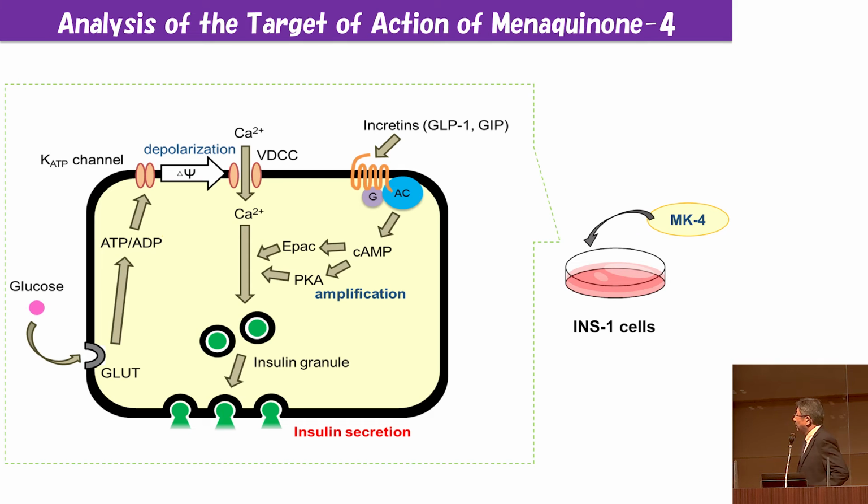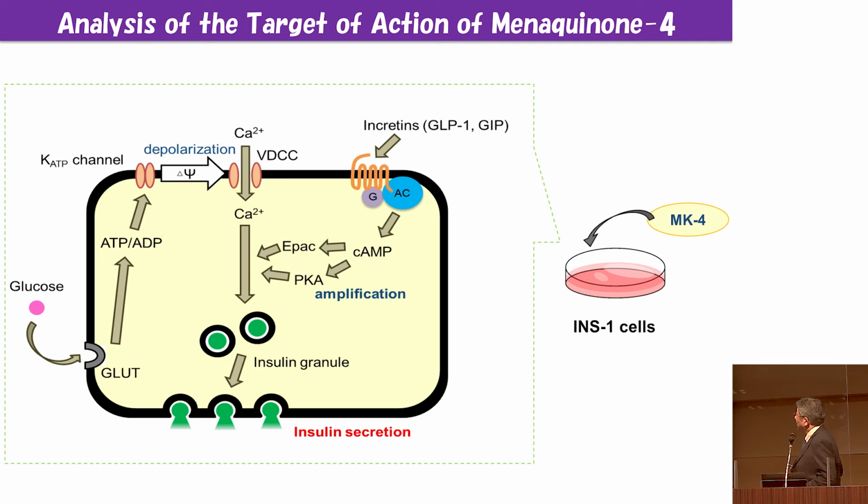Here, an outline of the pathways that insulin is secreted from pancreatic beta cells by glucose stimulation is summarized. Glucose treatment increases intracellular ATP levels, which causes depolarization of the membrane. This then leads to an influx of calcium into the cell, leading to the translocation of the secretory granules of insulin to the cell membrane, and eventually insulin secretion.